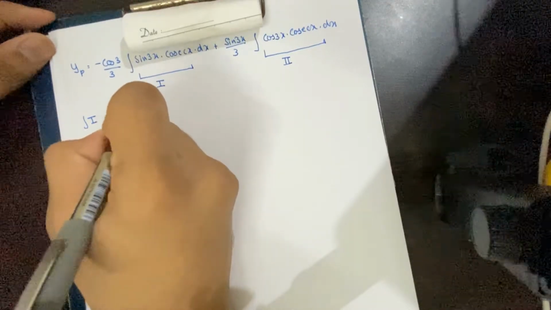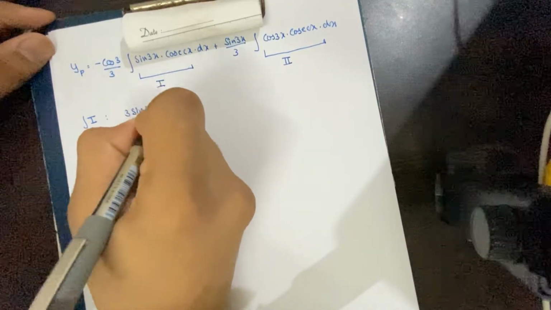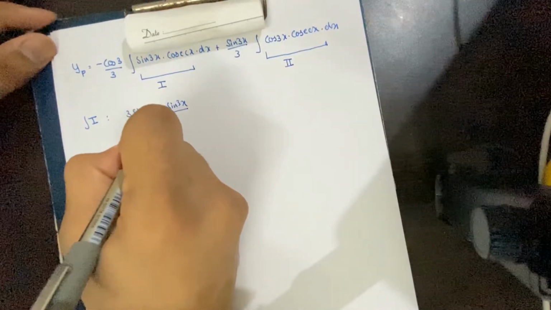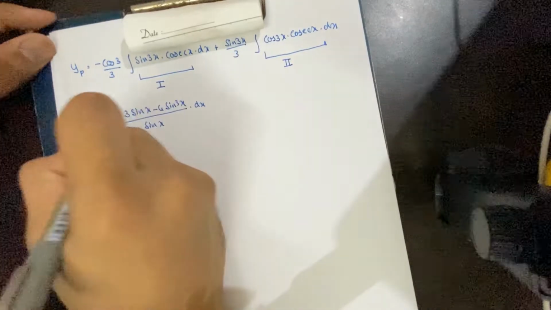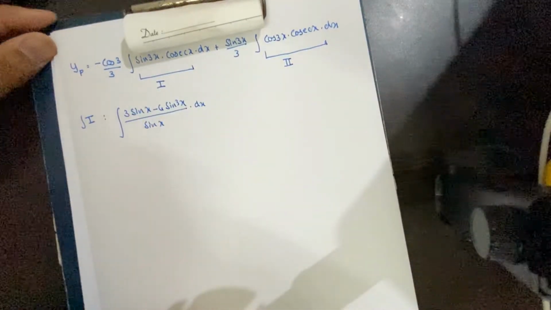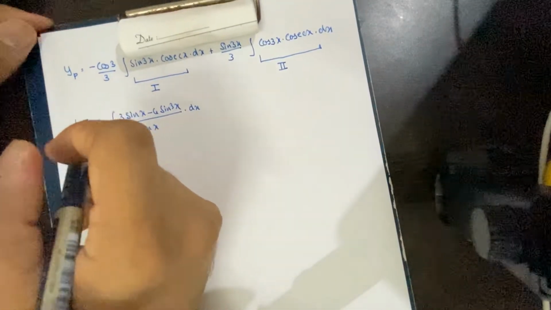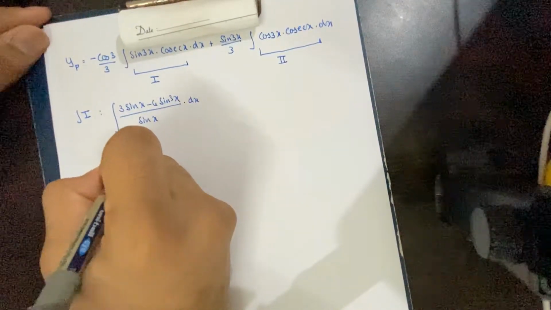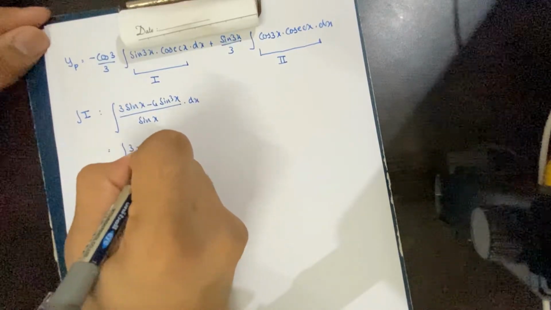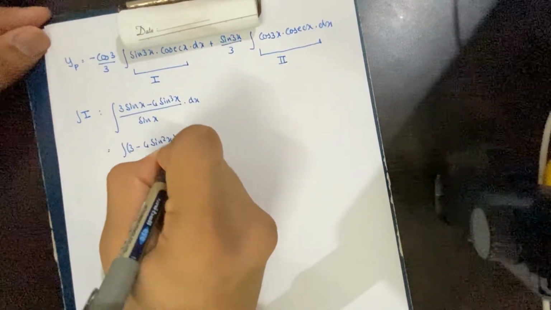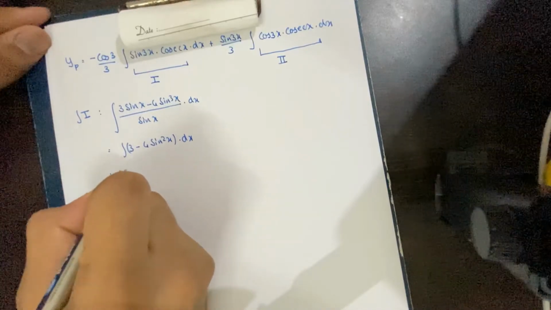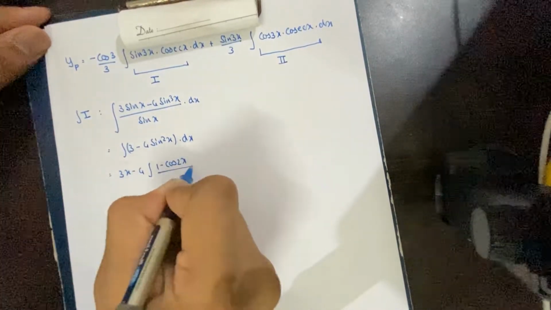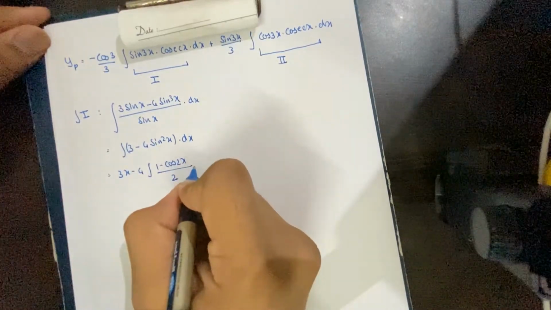So the integral of 3 sin x minus 4 sin cube x by sin x dx, that is the integral of 3 minus 4 sin square x dx, which is 3x minus 4 times the integral of 1 minus cos 2x by 2 dx.